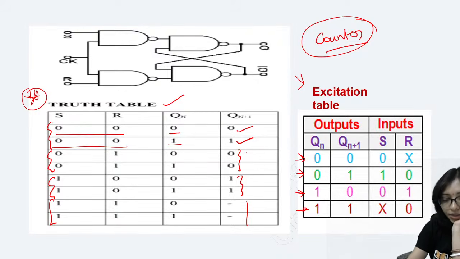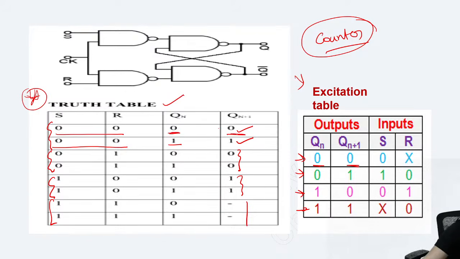I hope this is visible. It is visible, right? So you can see when Qn is 0, Qn plus 1 is 0. Here also Qn is 0, Qn plus 1 is 0.